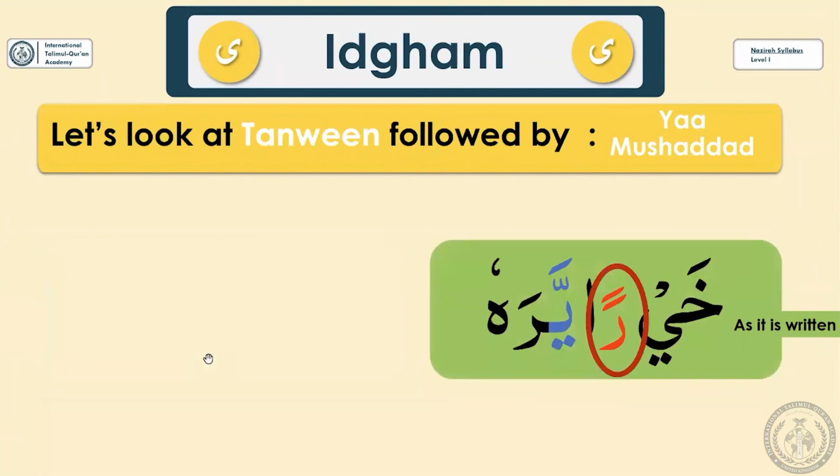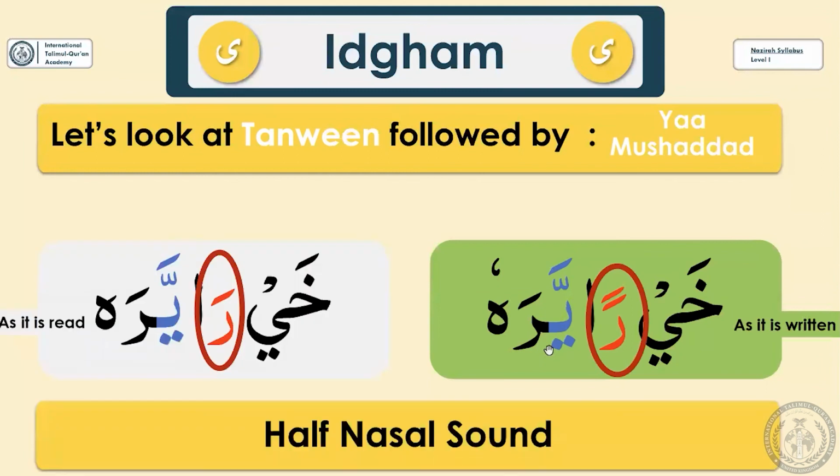Now let's have a look at if we see tanween followed by a ya mushaddad. For example, over here, this is an example in the Holy Quran. We can see that we have a tanween on top of the ra, followed by a ya mushaddad. This is how we will recite it. One of the strokes of the tanween is removed, like we did before as well, and the ya mushaddad remains as it is.